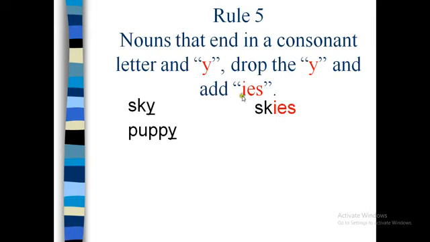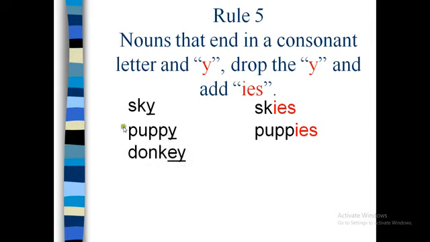Poppy. انتهت بY. And before Y, P, which is a consonant والتي هي حرف ساكن. What shall I do? Poppies. Drop the Y, حط IES. طب على فرض أنها انتهت بY and before Y is a vowel. Keep the same, خلي الY the same and just add S. Okay, let me continue.